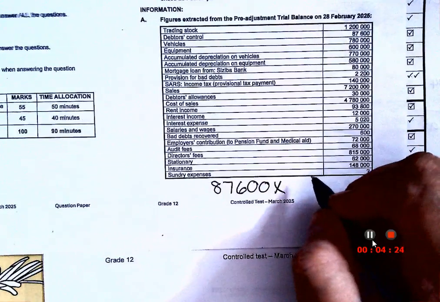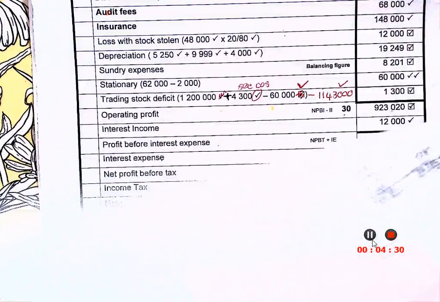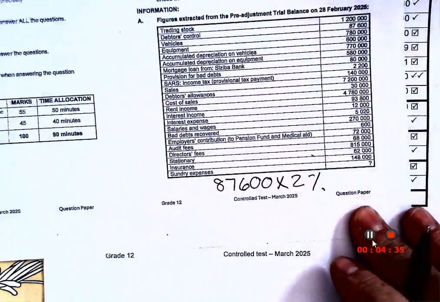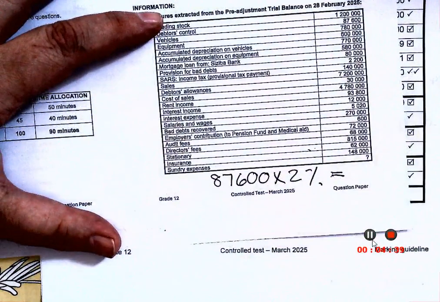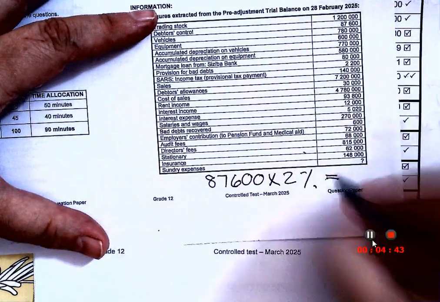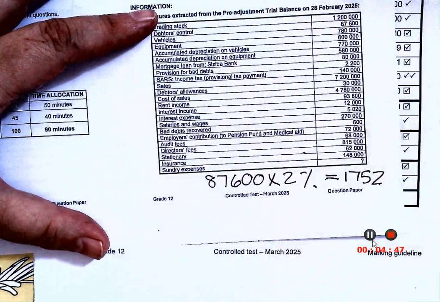What's the percentage? 2%. So let's go get the new provision for bad debts. Can someone give that to me? 1752. This is the new one.